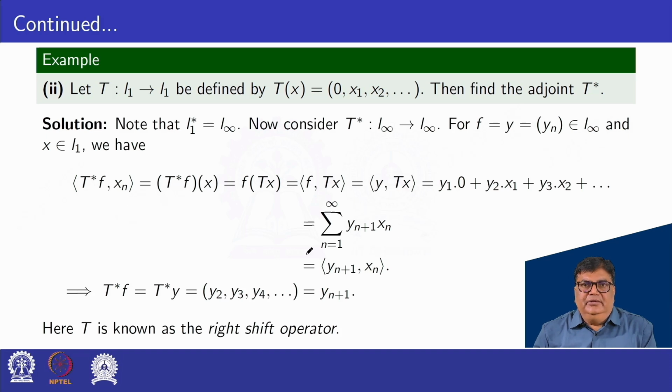Again, this can be written as the inner product of y(n+1) and xn. Okay, so comparing this inner product with this, that is T star f equal to y(n+1). Here T is known as the right shift operator. Okay.